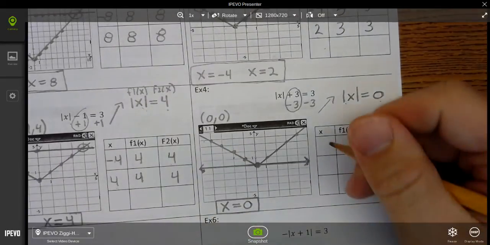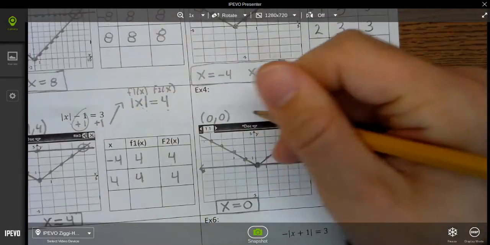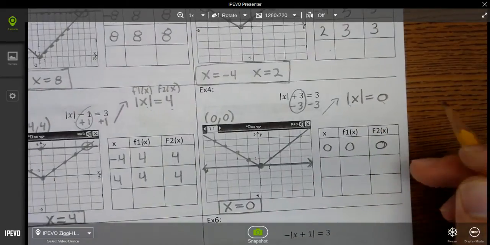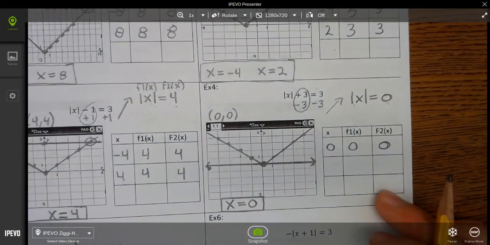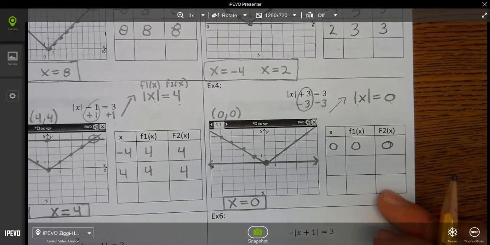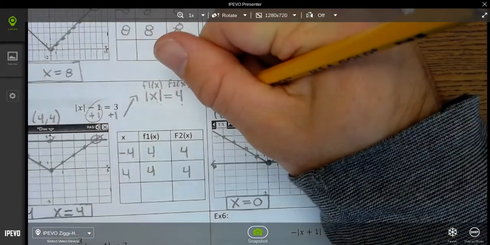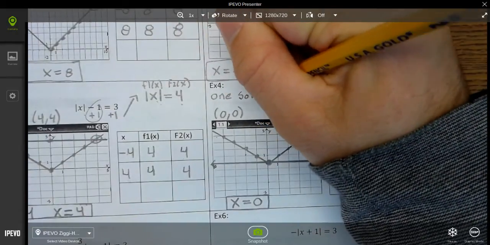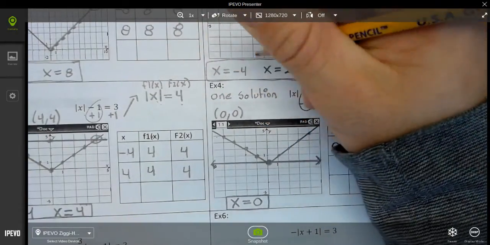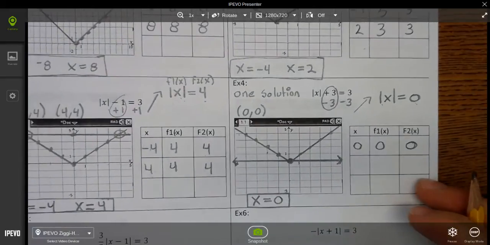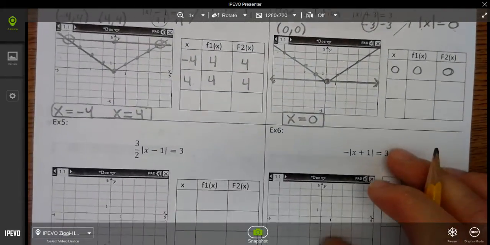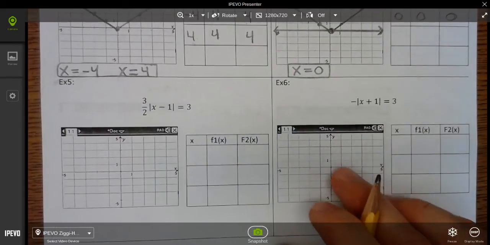So in the table, we know that when x is 0, f1 of x is 0, and we know f2 of x is 0. And this is special in that this is one solution. All right, so pause the video and we'll look at example number 5.